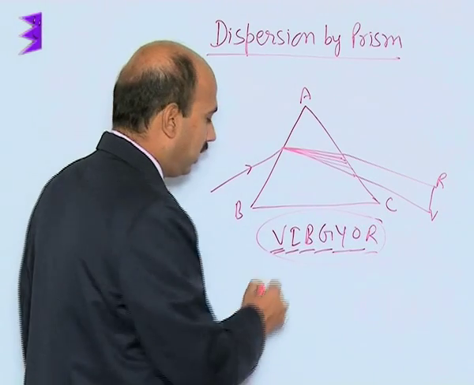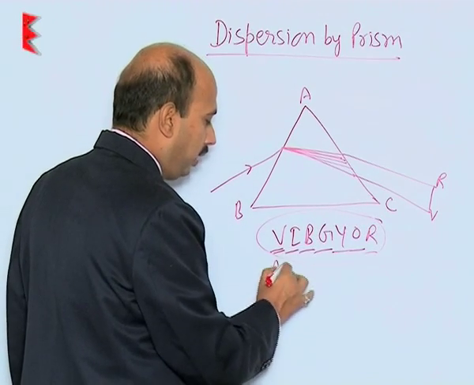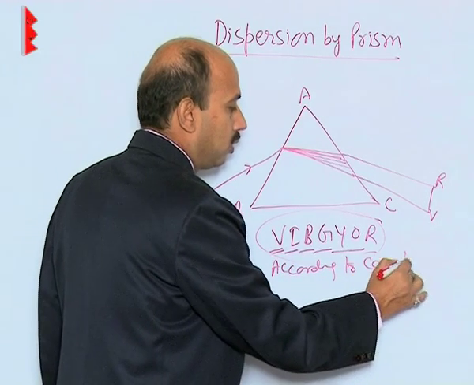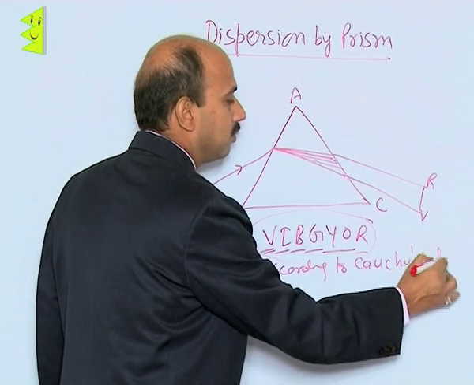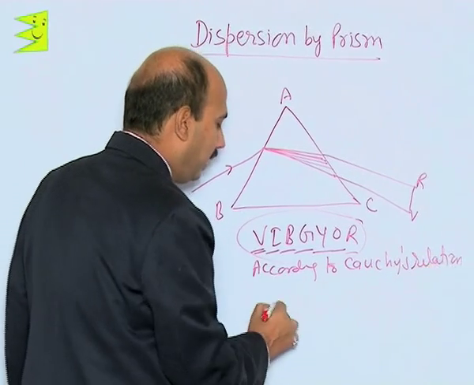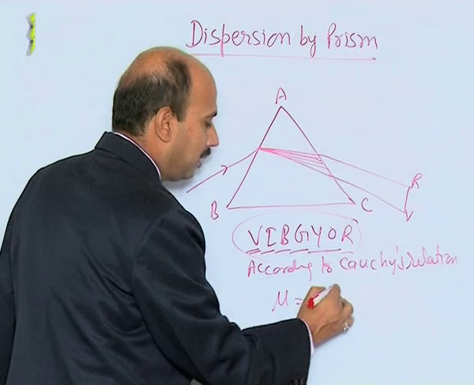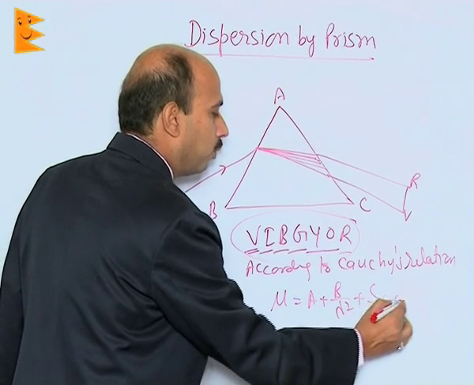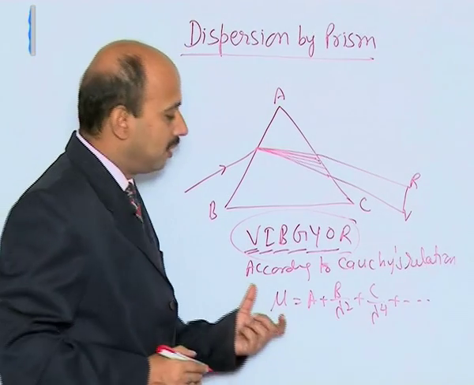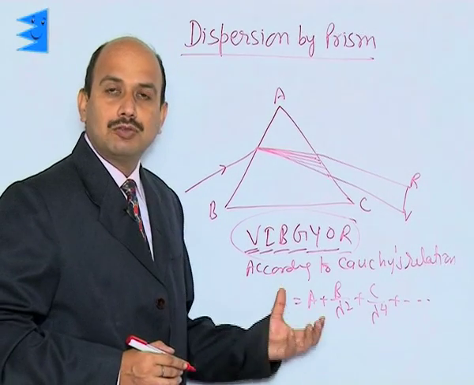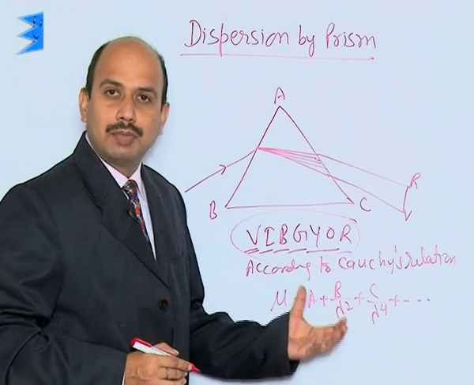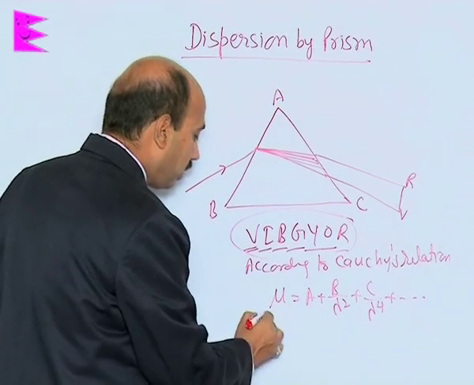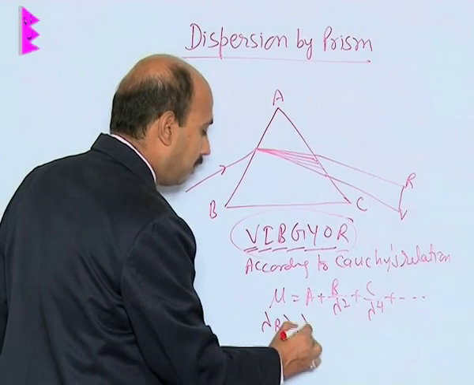There is a Cauchy's relation. According to Cauchy's relation, we can write mu is equal to A plus B upon lambda square plus C upon lambda raised to power 4 plus so on. It means the refractive index of the medium depends on the wavelength of the light. So as we know, lambda r is greater than lambda v.